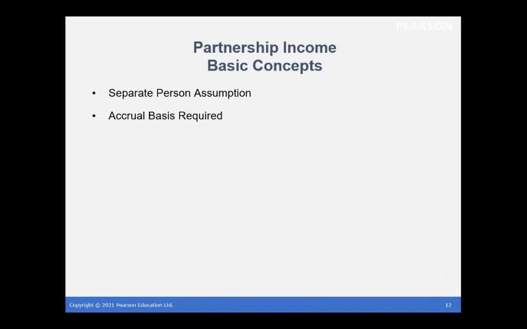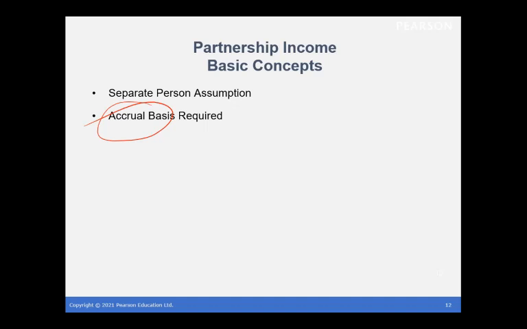So your partnership income is going to be on an accrual basis, right? So this is just the same as your regular kind of GAAP income. You're going to have the same financial statements for the partnership. A partnership is the operating entity that's earning revenue, expenses.